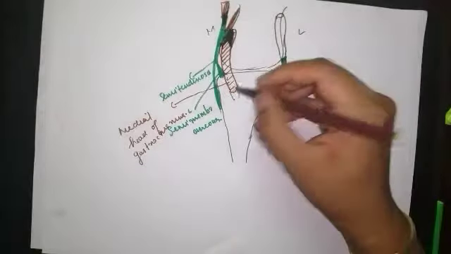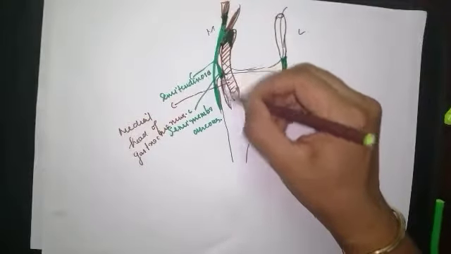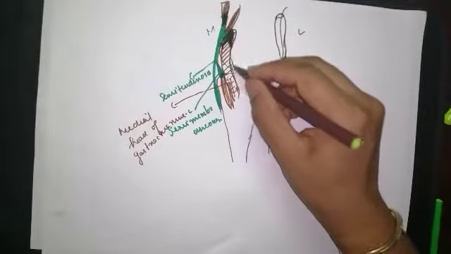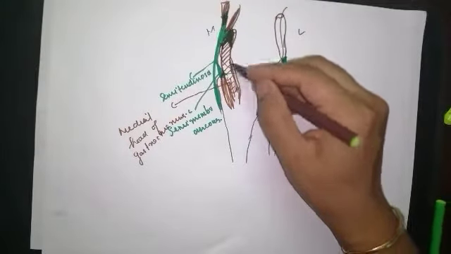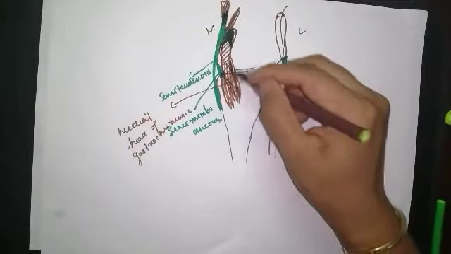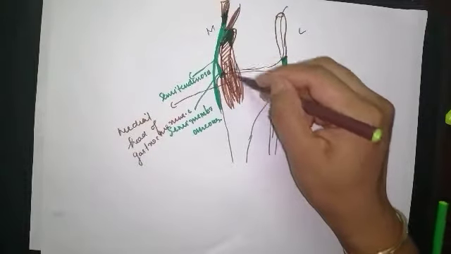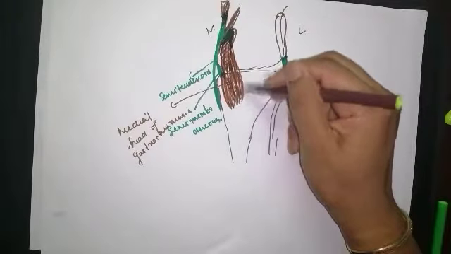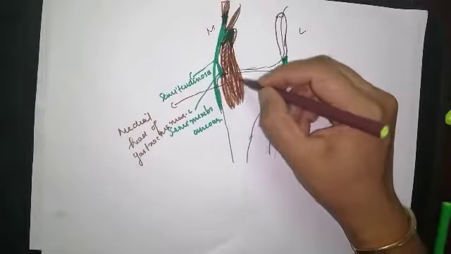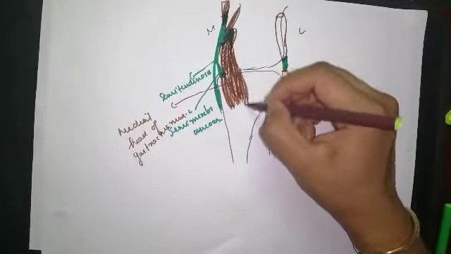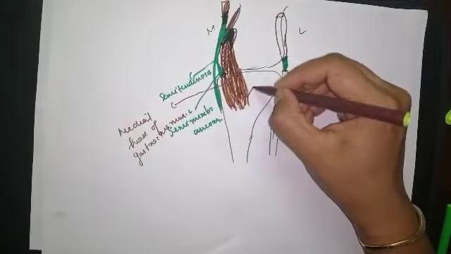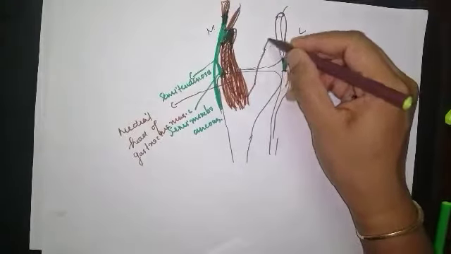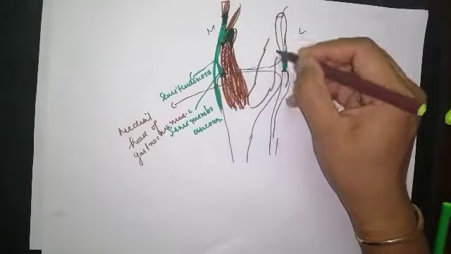And you have which muscle? This was the gastrocnemius muscle. This is the medial head, and you have another one, that is the lateral head of gastrocnemius, like this.